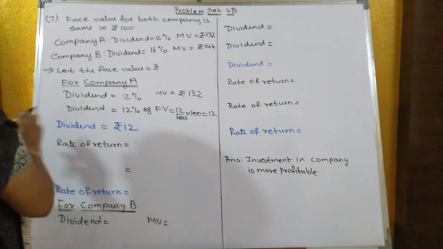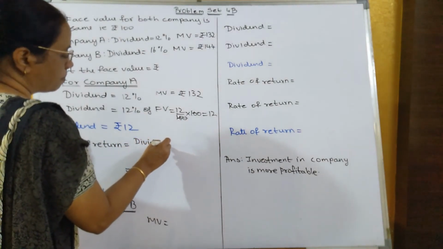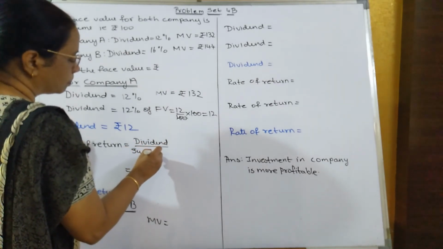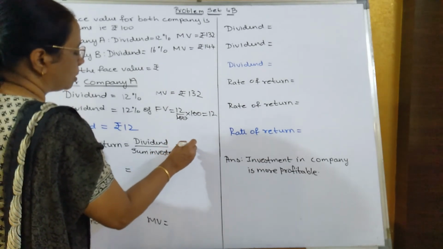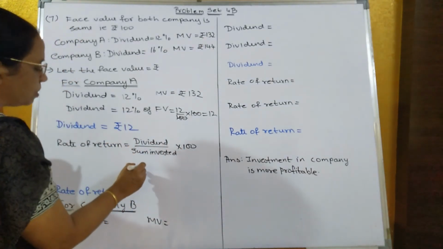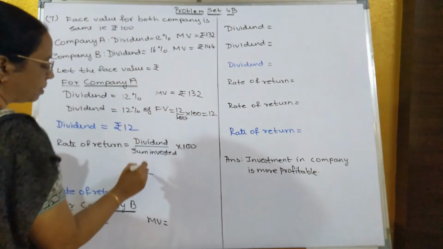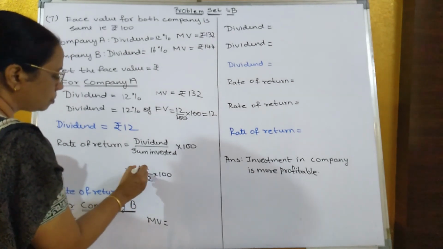So rate of return is dividend upon sum invested into 100. Dividend we have got is 12, sum invested is 132, into 100.